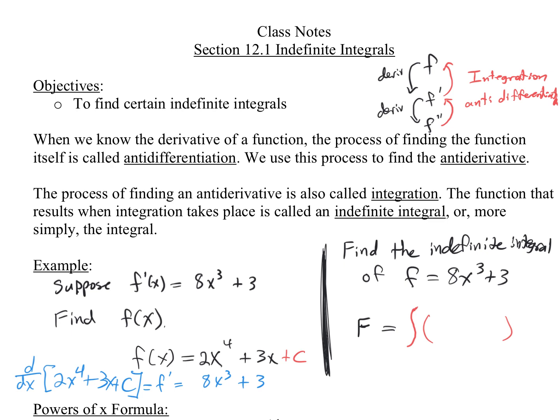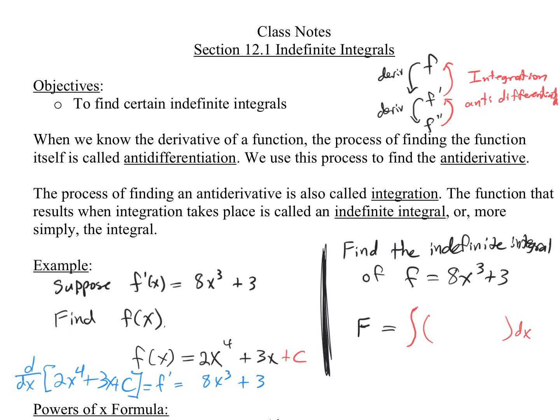Now, at the end of this, we do need to specify some notation here, and it needs to specify what was the variable that we were working with, because eventually we might start thinking about different kinds of variables. So we're going to specify we are doing this with respect to x. So we want an indefinite integral with respect to x. All this is saying is whatever I put in here, you need to find the antiderivative of.